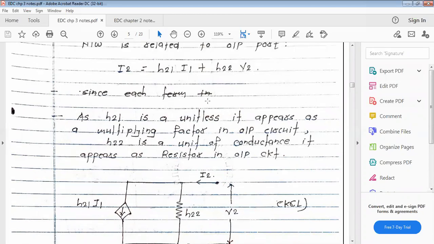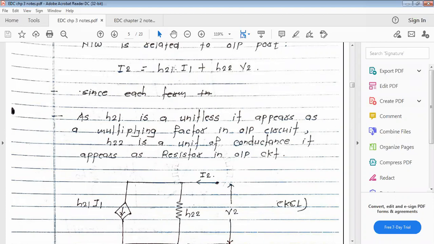Okay. Now see here H21 I1. H21 is what? It is a current gain. Okay. So we have to multiply it with H21 I1. So we can show it as a dependent current source. Okay, why is it a dependent current source? Because whatever the value of I2 is, it depends on this value.